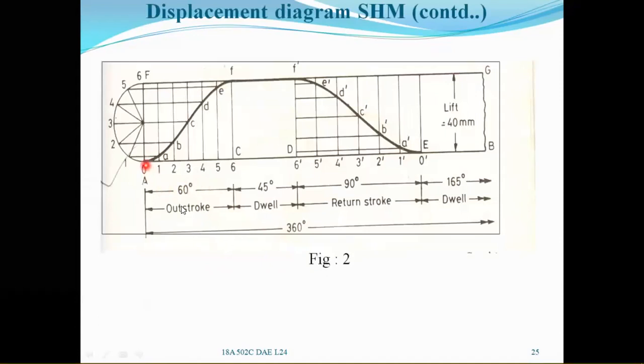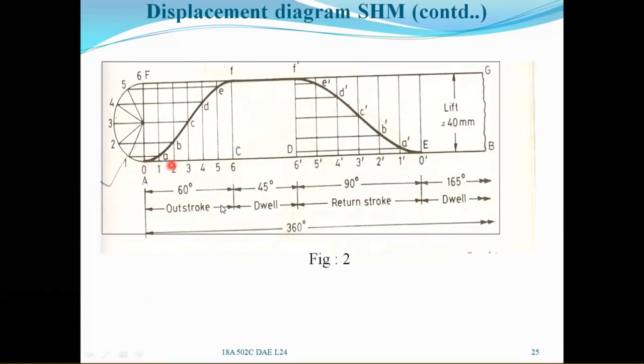Same as in the previously explained displacement diagram, A to B is the cam rotation, which is equal to 360 degrees for one revolution. That means 30 degrees is equal to 10 mm, that means 120 mm total length.